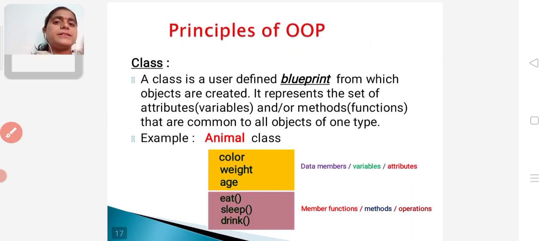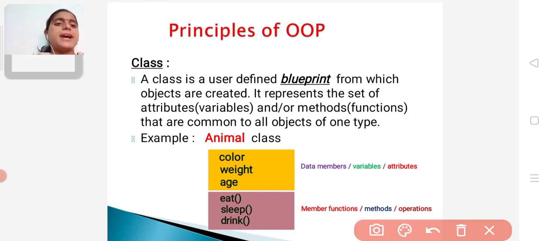So first let me discuss class. What is a class? A class is a blueprint of an object, and it contains attributes and methods. These attributes and methods are common to all objects of one type.